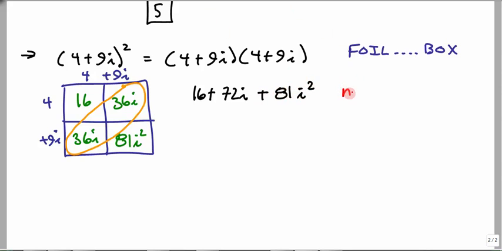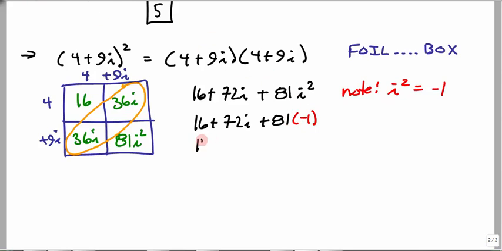Well, there's that i squared again. i squared is -1. So I should be able to just simplify this. Now the i is just i, I can't do anything to break that down any further. So here I have 16 plus 72i minus 81. Now again, we're trying to combine like terms here.